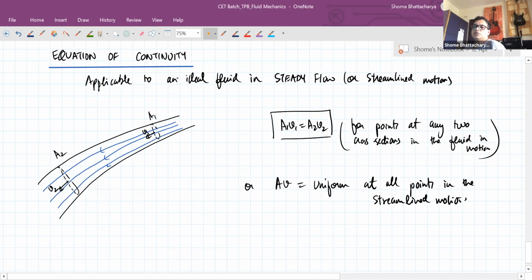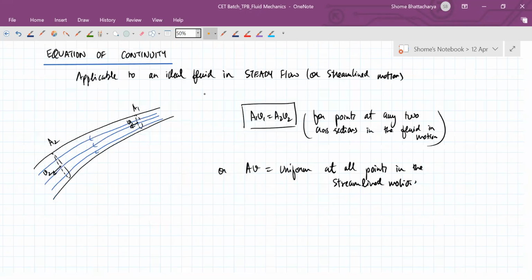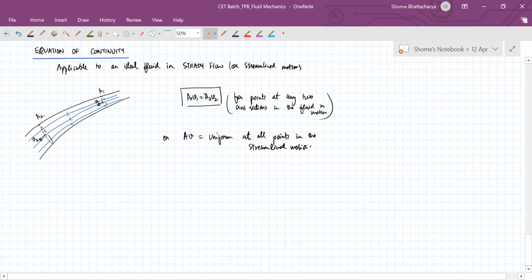So just make a note of this. So we'll quickly see an example problem.